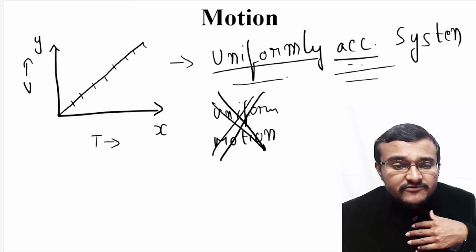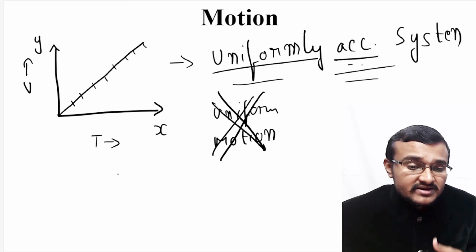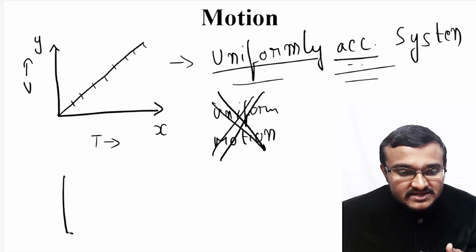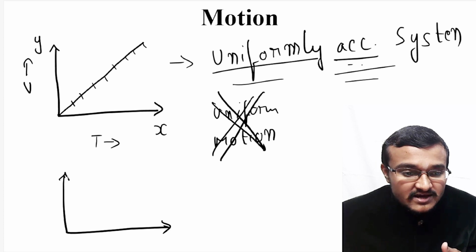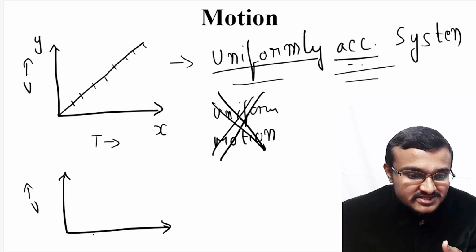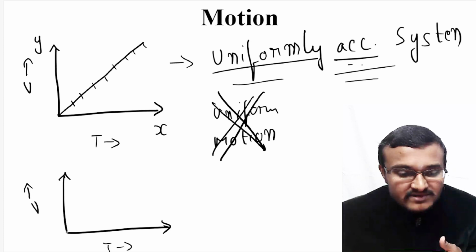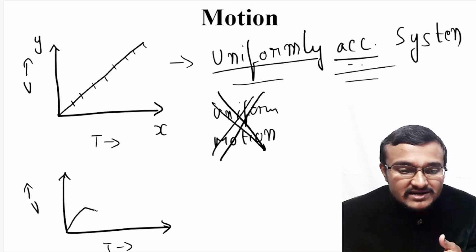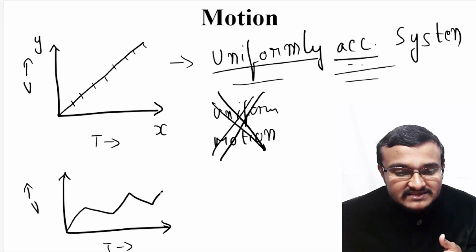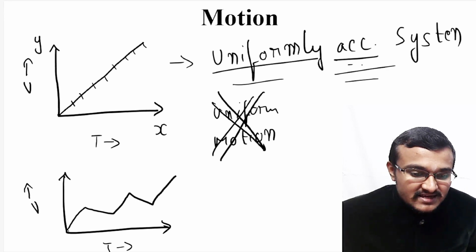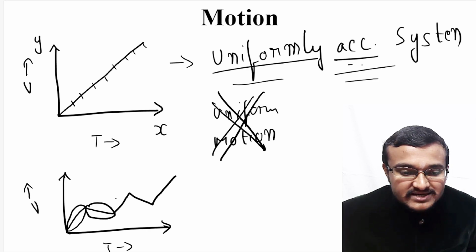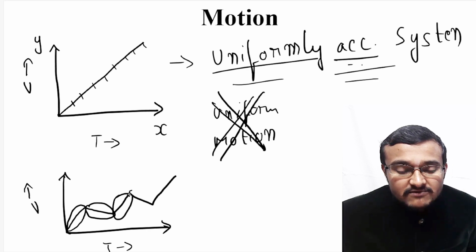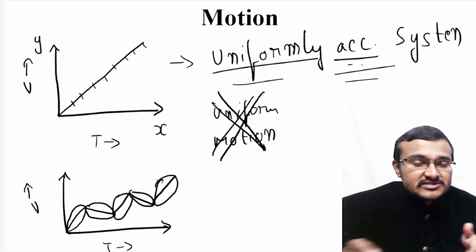Now, if you consider the next case, where the velocity and time graph is very much irregular, let's say the graph is like this. Here you can see velocity increased and then decreased, and again increased, decreased, and again increased as time progresses.